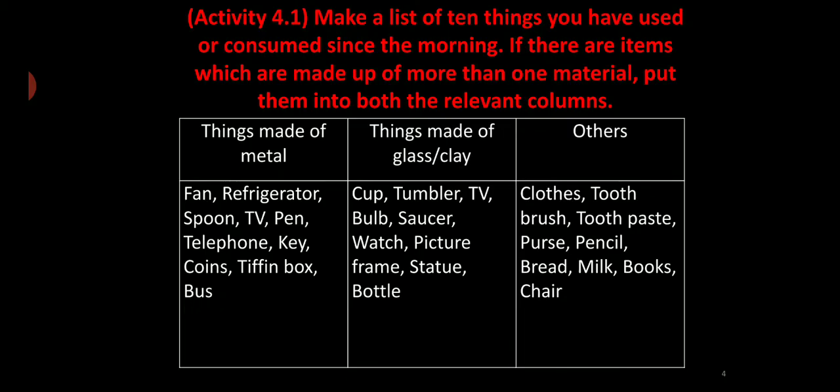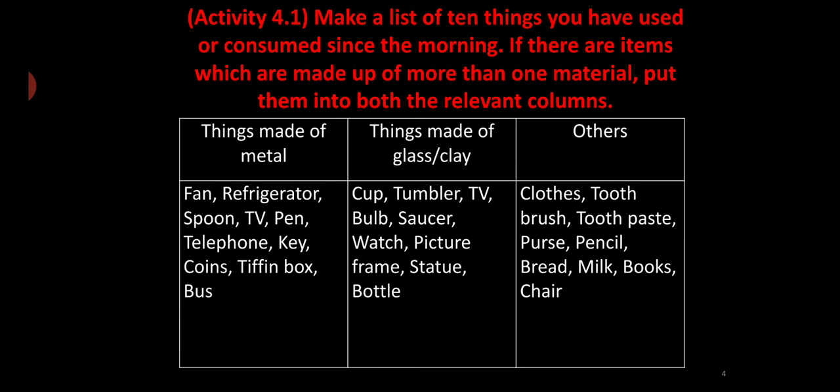Now here I have made a list of some things. It may include your things also. In the first column, I used fan, refrigerator, spoon, TV, pen, telephone, key, coins, tiffin box and bus.